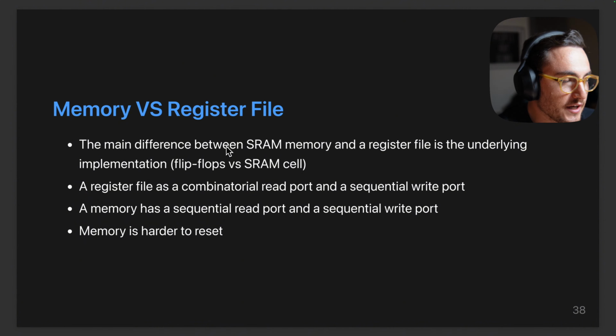And a register file has a combinatorial read port and a sequential write port, while memory has both read and write ports sequential. And memory is much harder to reset in the conventional way that we saw to reset a register file, just with a bit switch on the reset line.